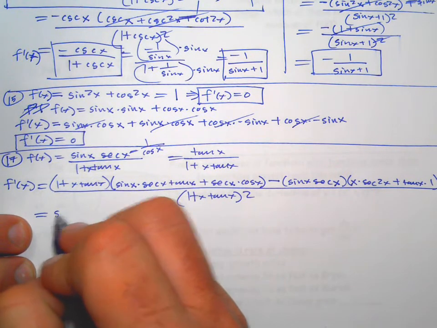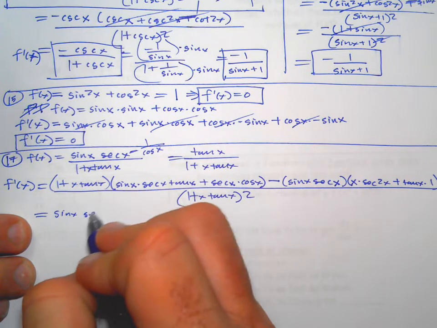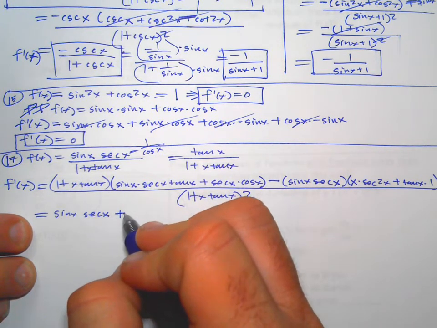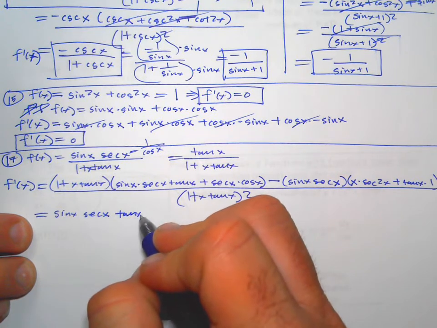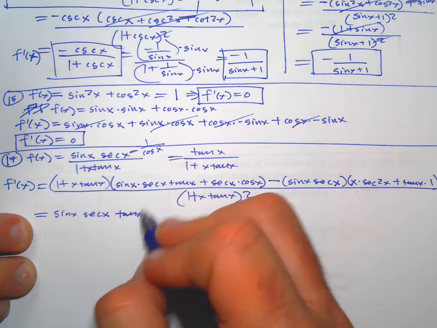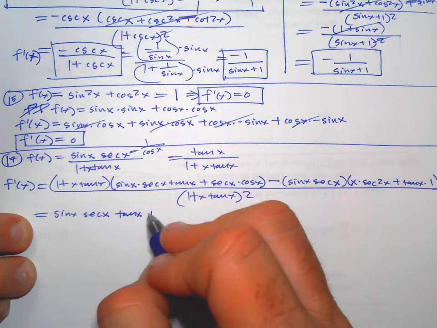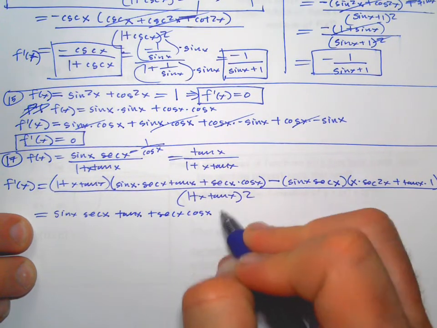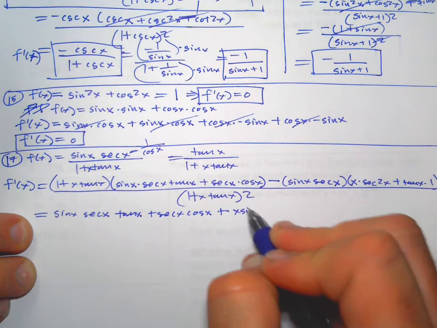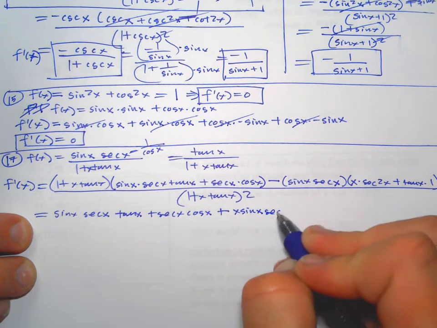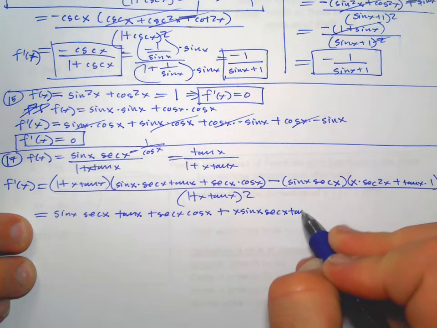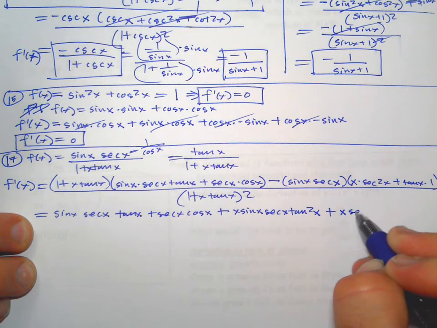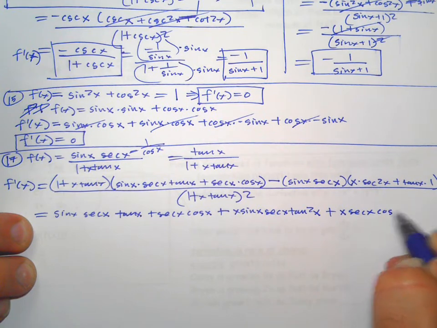Sine x secant x plus tangent x, sine x, secant x, tangent x plus secant x cosine x plus x sine x secant x tangent squared x plus x secant x cosine x tangent x.